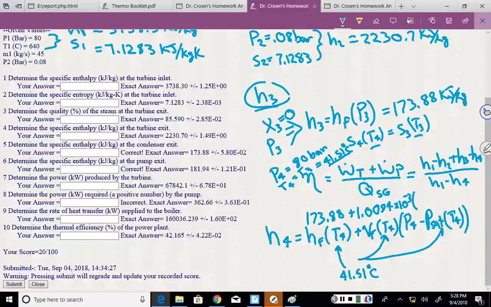I'm going to put the pressure in kPa so our units work out, so I'm going to have 8,000 kPa minus our pressure in kPa, which is 8, the saturation pressure at 41.51. So I take 173.88 plus 1.0084 times 10 to the minus 3 times 7,992. And if I do that, I will get the enthalpy at the pump exit, and I'll get 181.94. It's not a whole lot different than hf, but it accounts for the pump work.